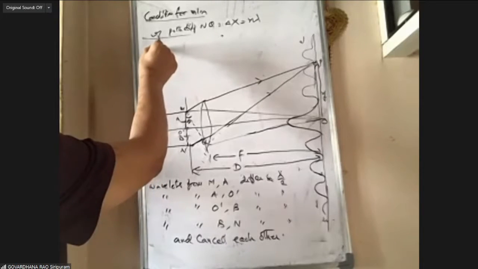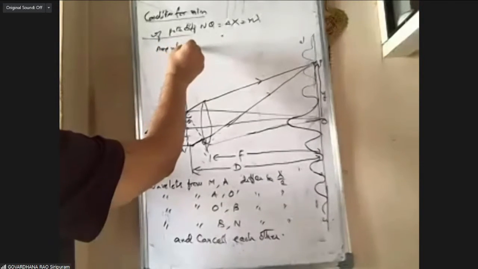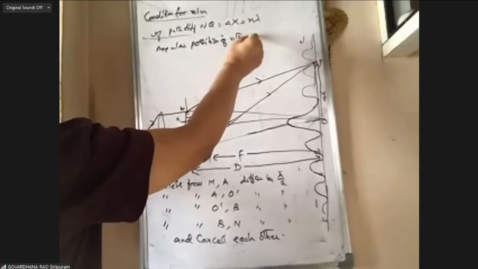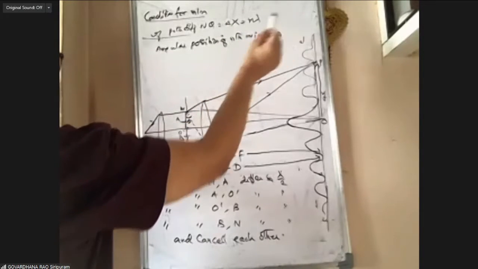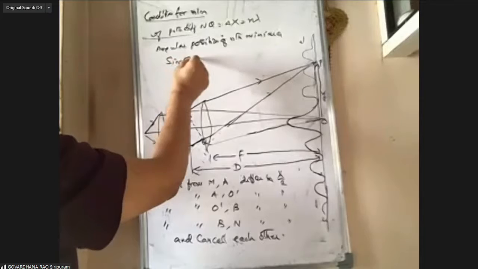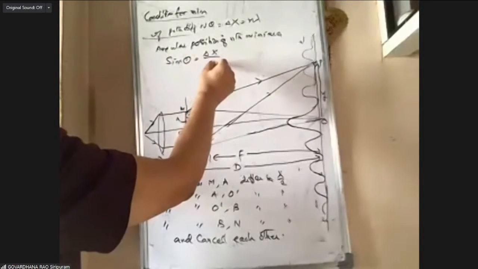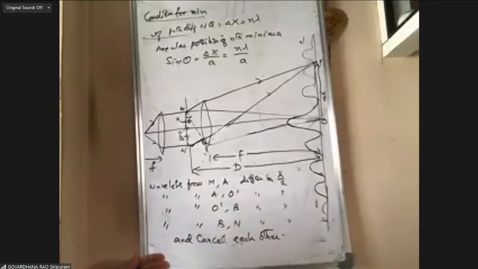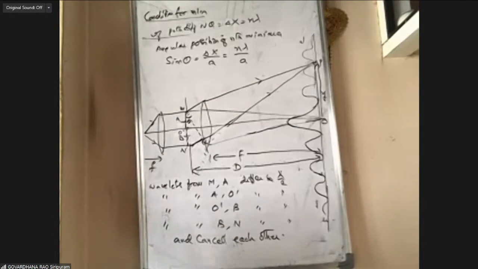So the angular position of the nth minima: sin theta equals delta x by a, and delta x is how much? n lambda by a. Correct?